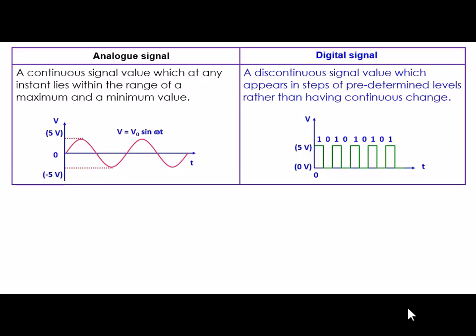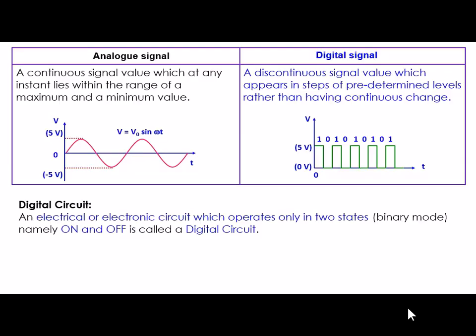Or sometimes we represent plus 5 volt as on state and 0 volt as off state. A digital circuit is an electrical or electronic circuit which operates only in these two states, or in this binary mode having on and off states, or 1 and 0 state.